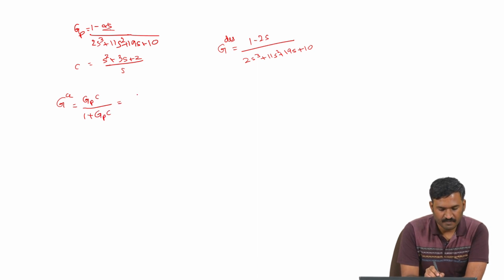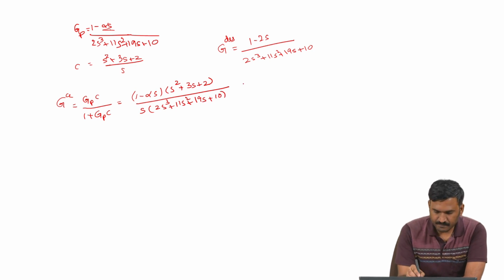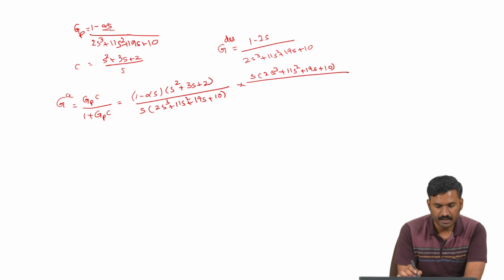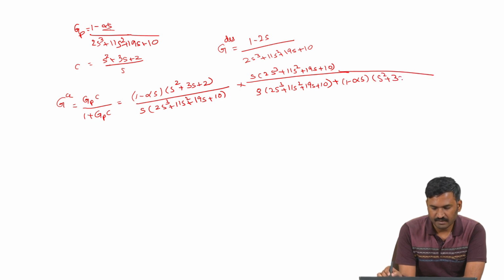So, which would be (1 - alpha s) into (s^2 + 3s + 2) divided by s into (2s^3 + 11s^2 + 19s + 10), multiplied by s into (2s^3 + 11s^2 + 19s + 10), divided by s into (2s^3 + 11s^2 + 19s + 10) plus (1 - alpha s) into (s^2 + 3s + 2).